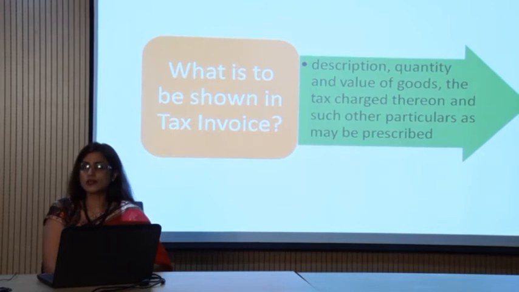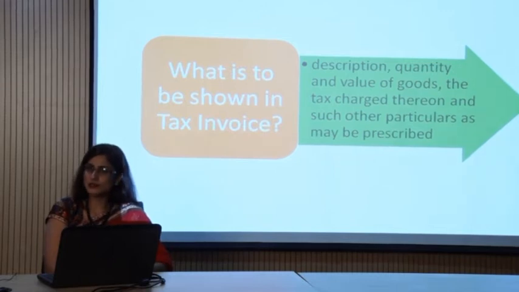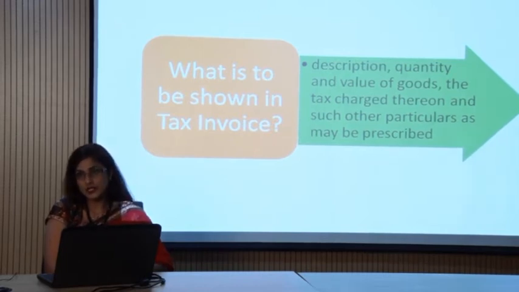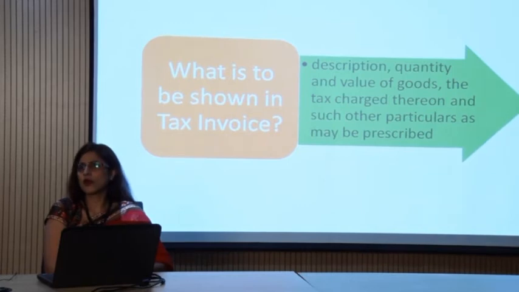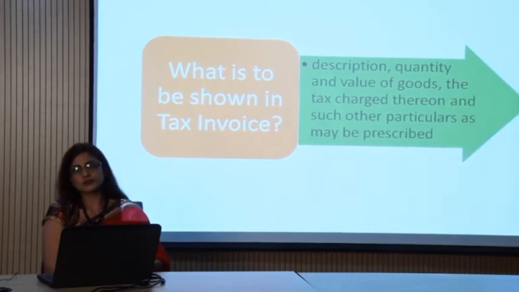You will clearly mention the amount of CGST separately, again you will mention the rate or the amount for the SGST, and if there is applicability of IGST, then IGST will be shown separately. These are the few basic requirements mentioned in section 31, and for details you have to refer to the related rules.